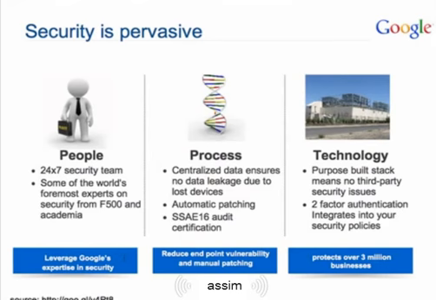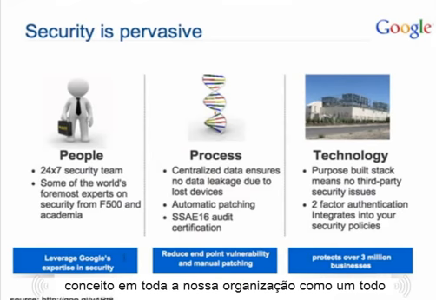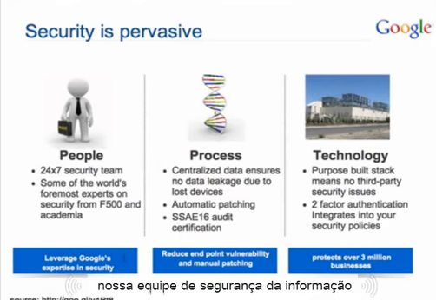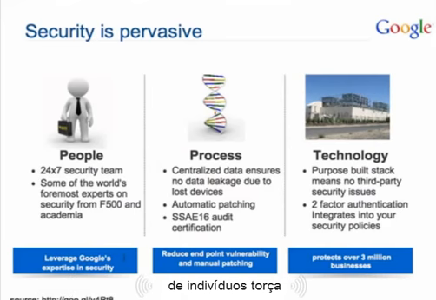So, because of that simple historical fact, security is a pervasive concept throughout our entire organization, starting from our information security team, made up of individuals with very impressive accomplishments in both academic and corporate computing.